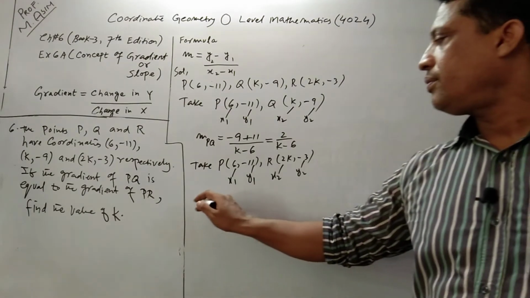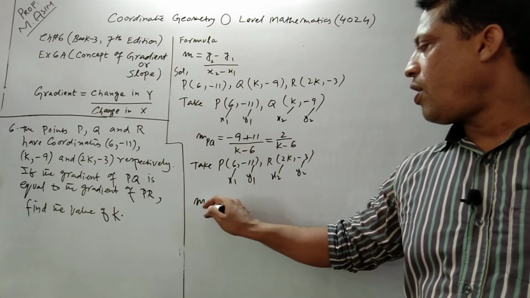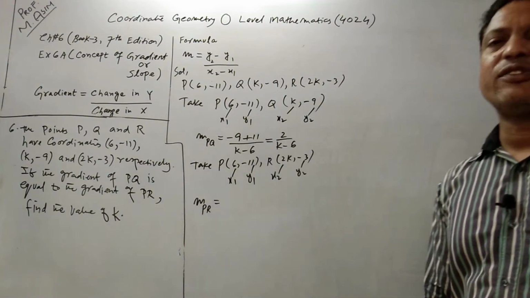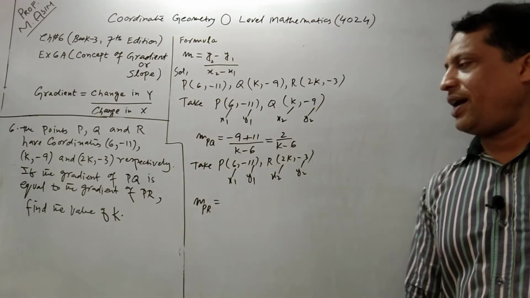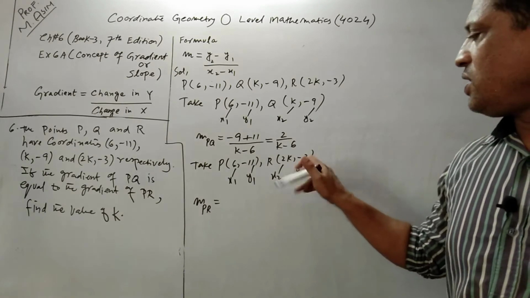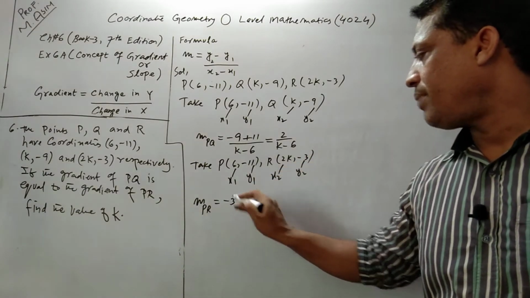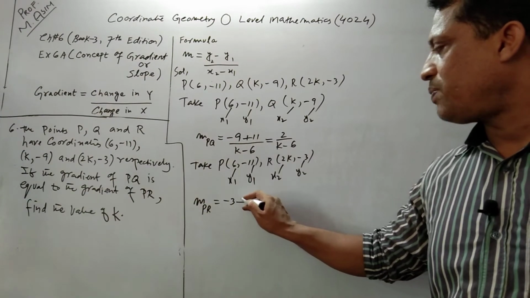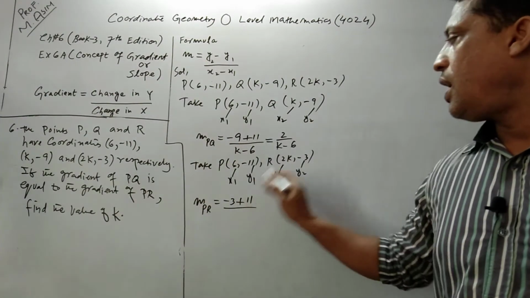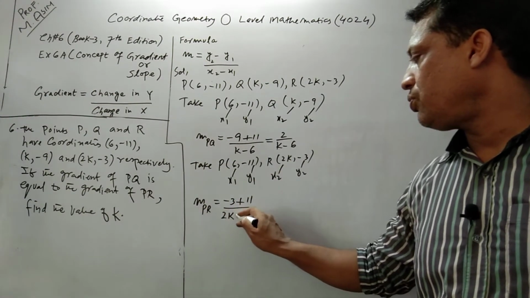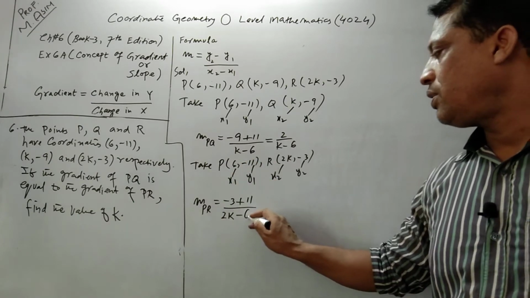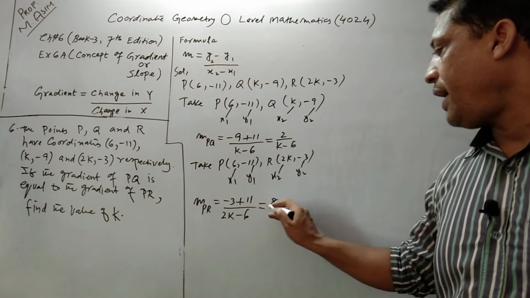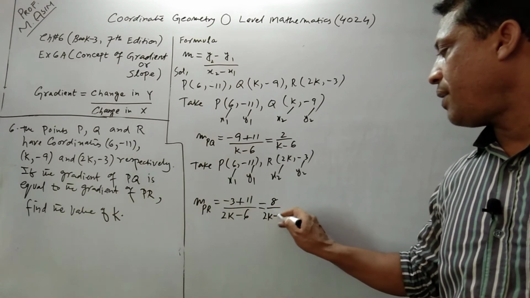Find the gradient of PR. M subscript PR stands for the gradient of PR. What is Y2 in this case? Minus 3, minus Y1, minus minus 11, upon what is X2? 2K minus what is X1? 6. 11 minus 3 is 8. 8 upon 2K minus 6.